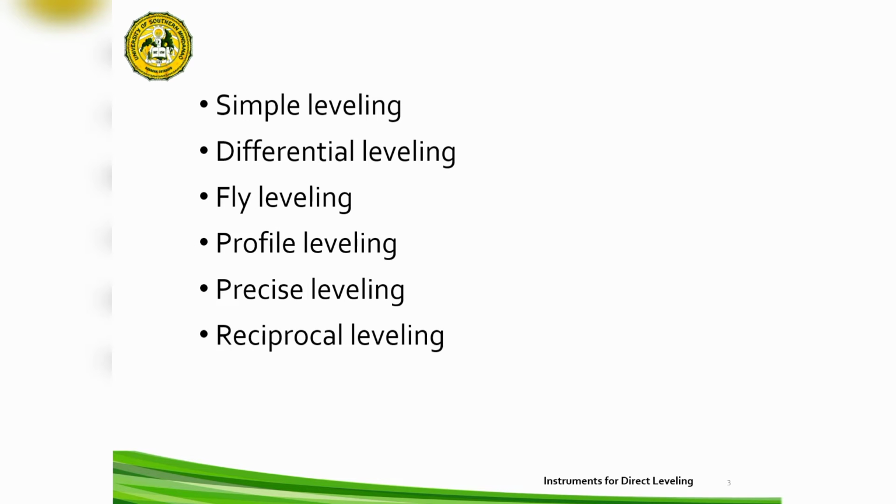Those types are simple leveling, differential leveling, fly leveling, profile leveling, precise leveling, and reciprocal leveling. Since we have already reviewed the brief information about direct leveling, we can now proceed to the main topic of my report, which is the instruments for direct leveling.